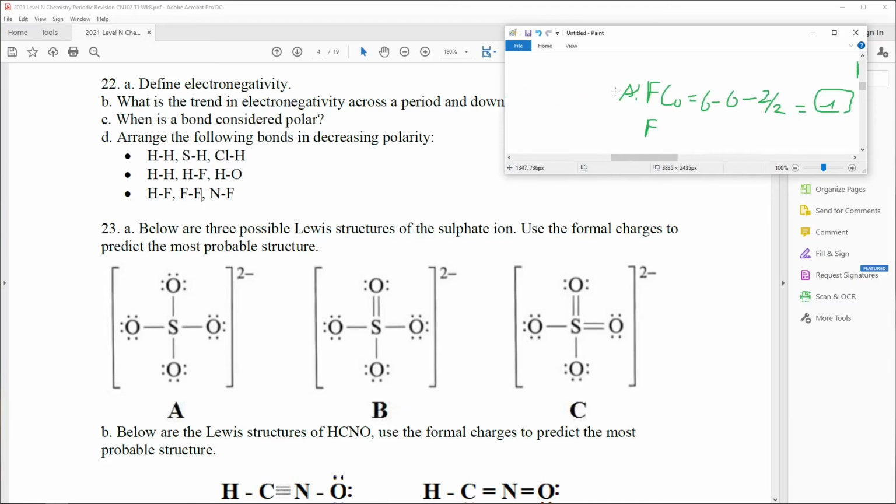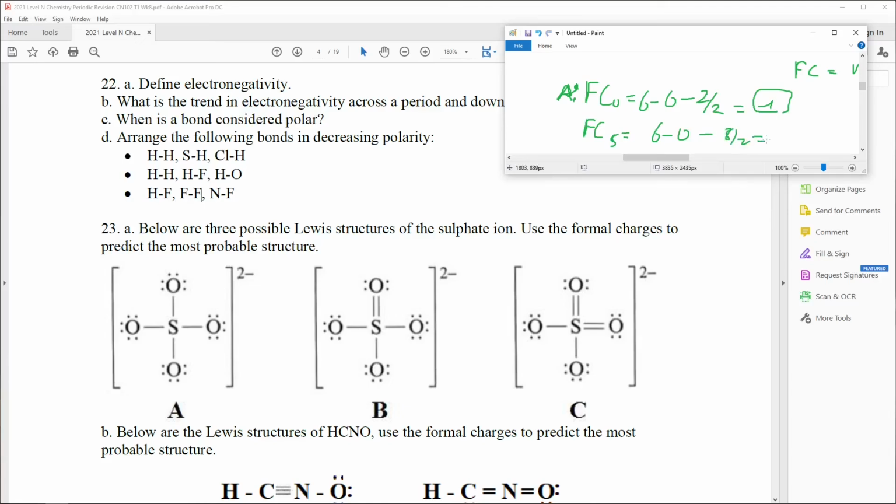Formal charge, this is A. The formal charge of the sulfur: sulfur by default has 6, so 6 minus, and it has no lone electrons, minus it's bonding 4 times, with 4 single bonds, so that's 8 electrons, 8 over 2, so 6 minus 4, that's plus 2.